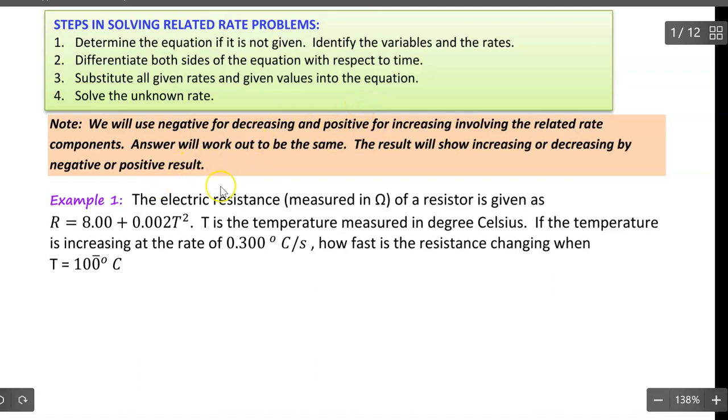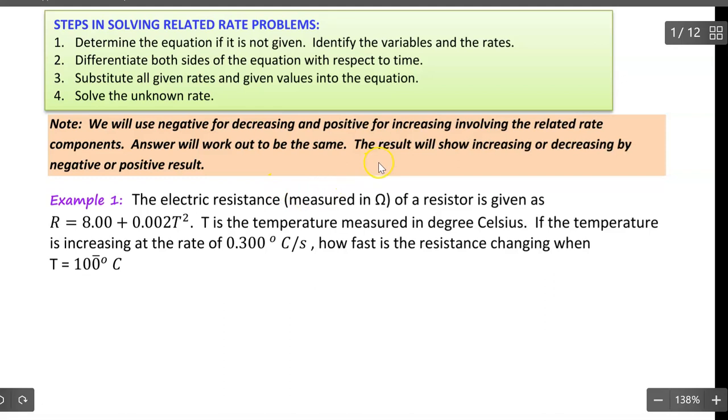This is actually quite important. Sometimes it affects our calculation as well, because if we have a subtraction in differentiating, then the negative and the positive will affect our answer.